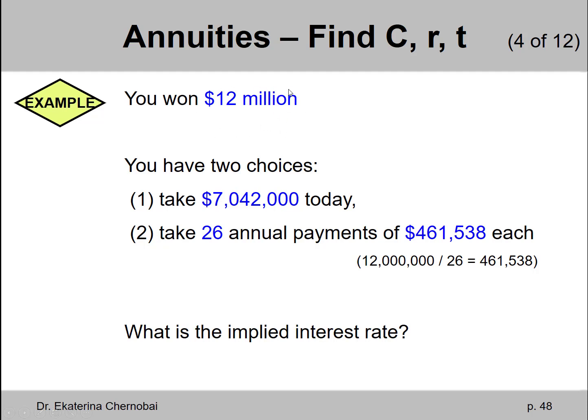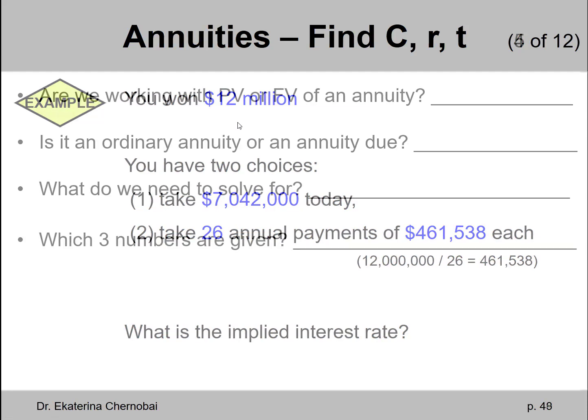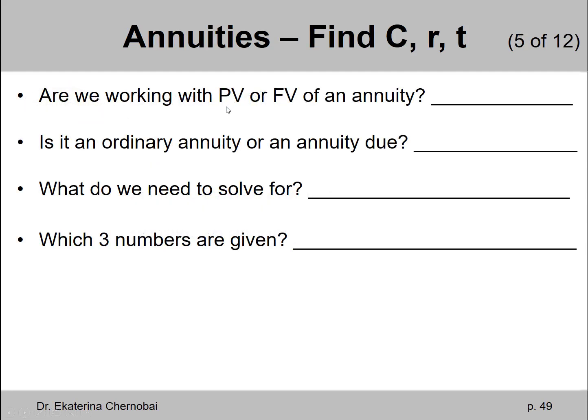So this is the present value of an annuity. You really need to understand from the wording whether this large number, which is your annuity value, is the present value or the future value. I guess here the hint is you want the money today. So anything that's today is the present value. Okay, so we answered the first question. We are working with the present value of an annuity.